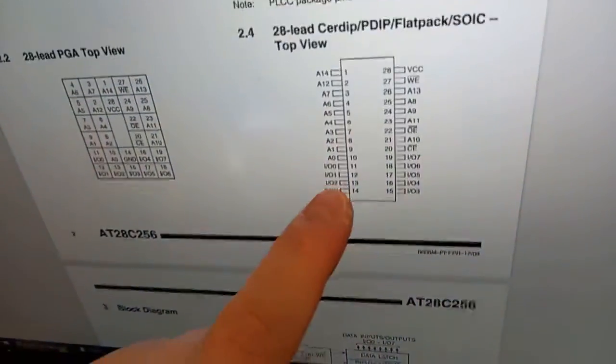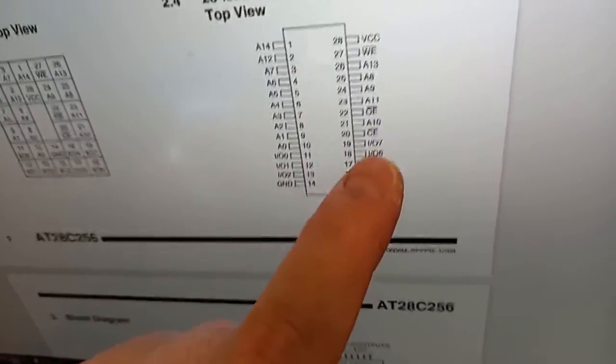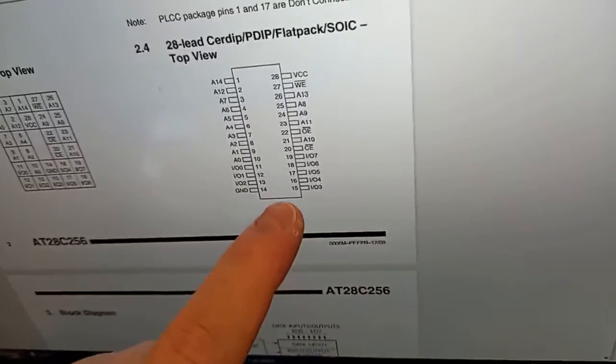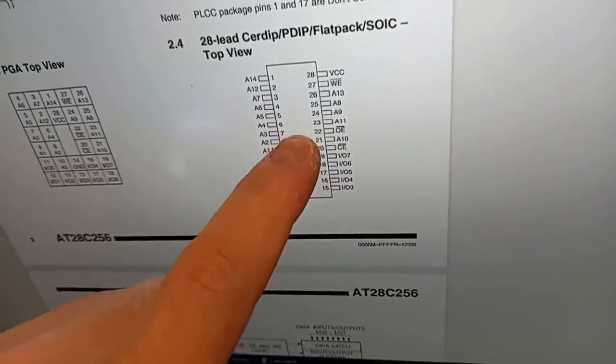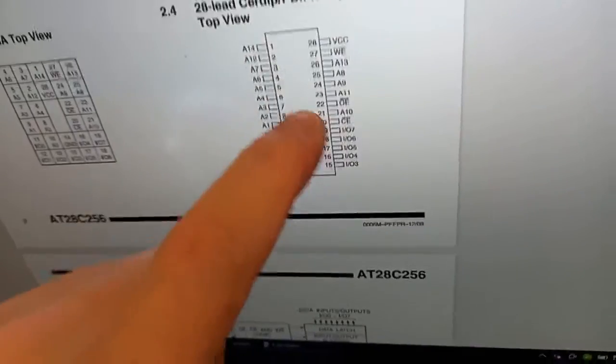Yeah, now all the diodes connected, all the inputs of the diodes connected with these data pins. So we can see what's inside when the memory chip decides to show us who is living by this address. Now we have address 0, not all connected. We need to connect them all.